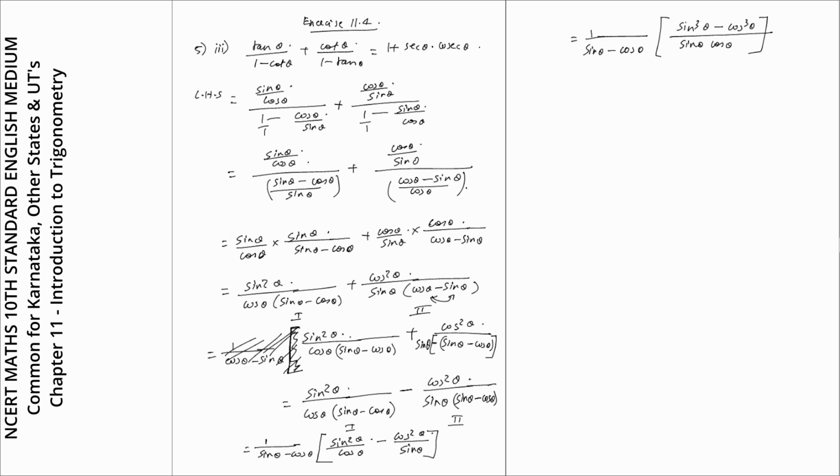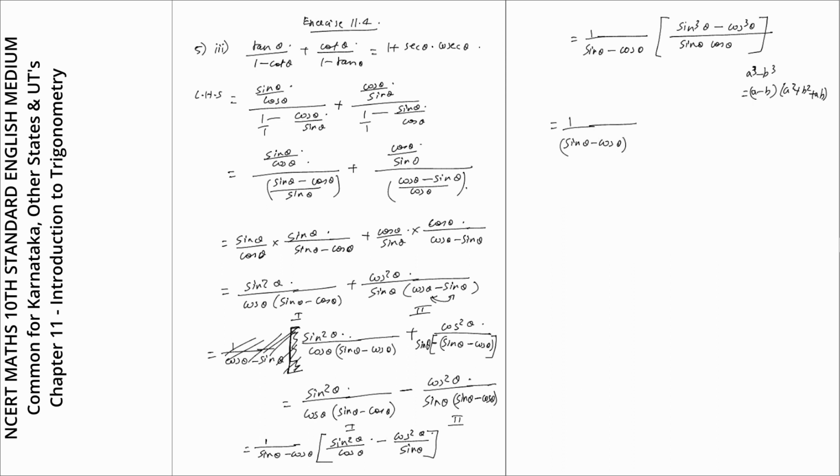Now what is the expansion of a cube minus b cube? a cube minus b cube is equal to a minus b into a square plus b square plus ab. Okay, now using that one I'll expand this one, 1 by sin theta minus cos theta.